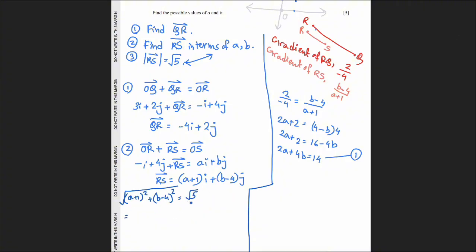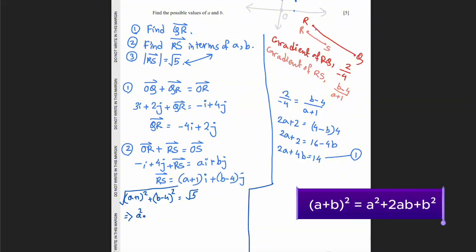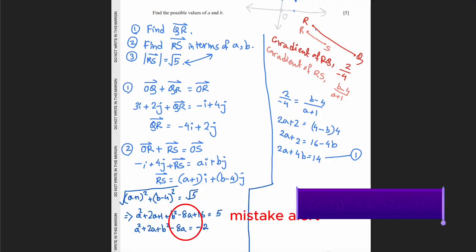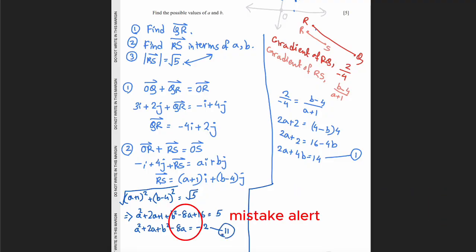This is the length of RS, and these are the x shift and the y shift of RS. So let's remove the root from both sides and expand the squares by using the formula that I'm again showing on the screen for the 1000th time. This is a monster of an equation. How do we solve that?